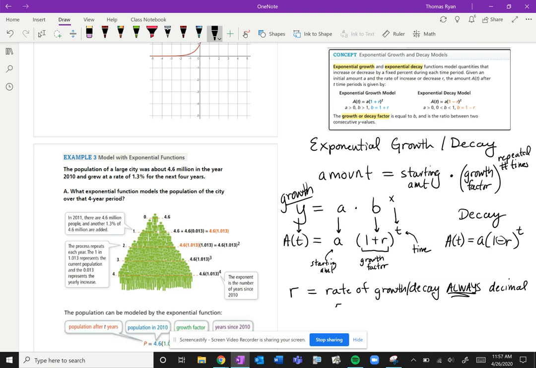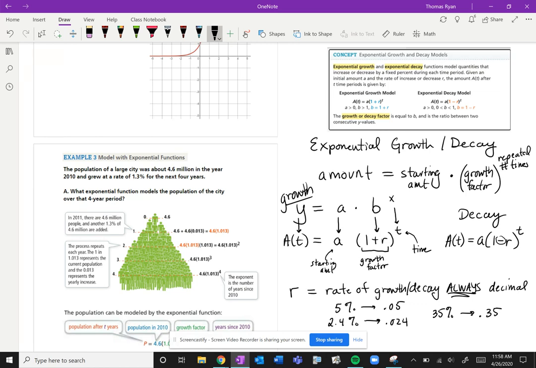So if your growth rate is 5%, then you would use 0.05. If you're decaying at a rate of 2.4%, you need to use 0.024. And if you're growing rapidly at a rate of 35%, you need to use 0.35.